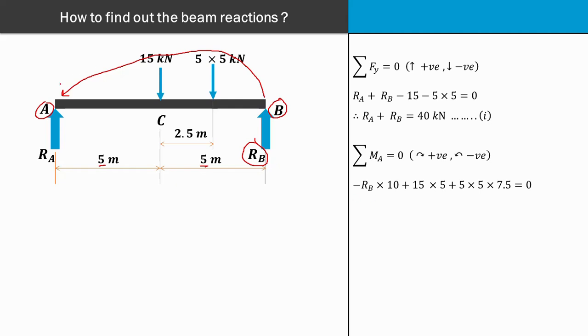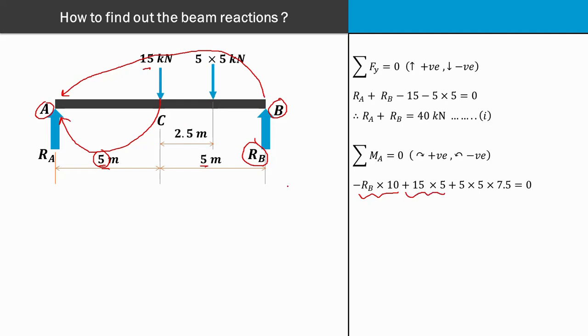Now as this is anti-clockwise moment, it is negative, so this is minus RB into 10 because moment is force multiplied by perpendicular distance. This 15 kilonewton, this particular arrow will produce clockwise moment about A and perpendicular distance is 5, so it is 15 into 5, that is clockwise moment, and clockwise moment is positive, so this term is positive.